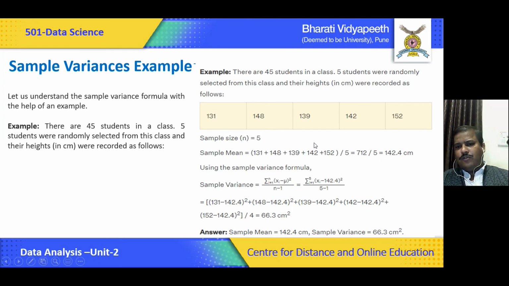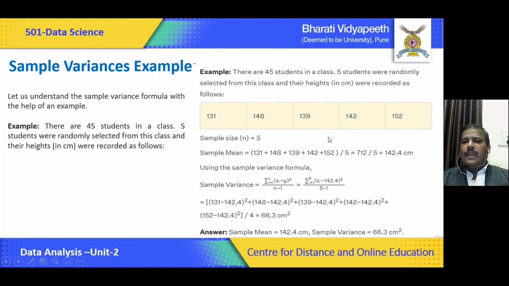You see here how we can calculate this sample mean: these are the values we have divided by 5. This is exactly how we find the mean, right? So values divided by the number of occurrences 5, so 712 divided by 5, that is 142.4 cm. This is the average value.